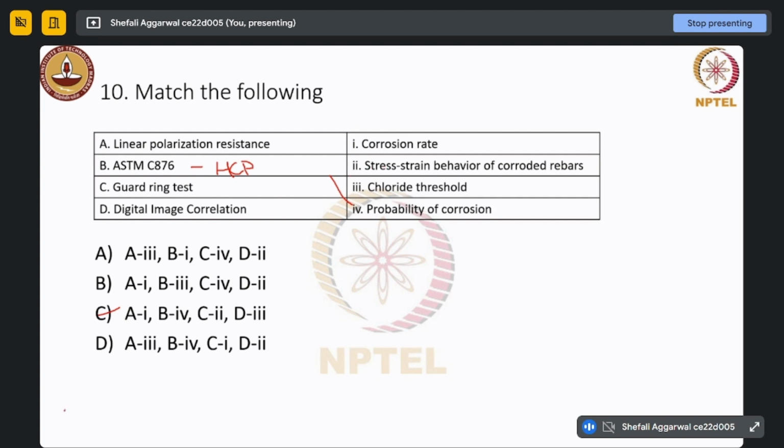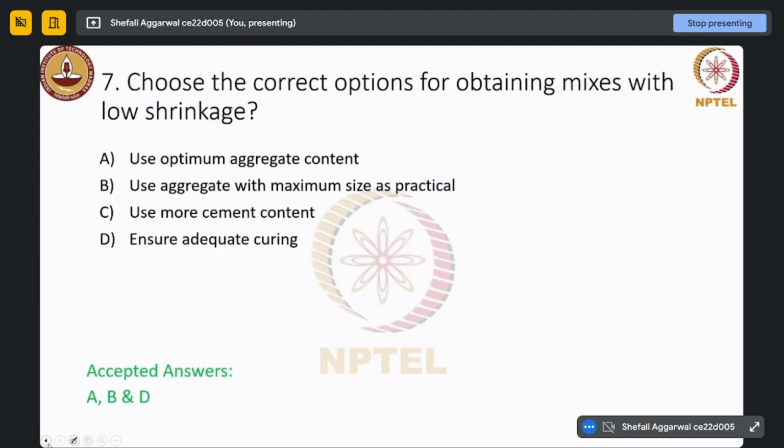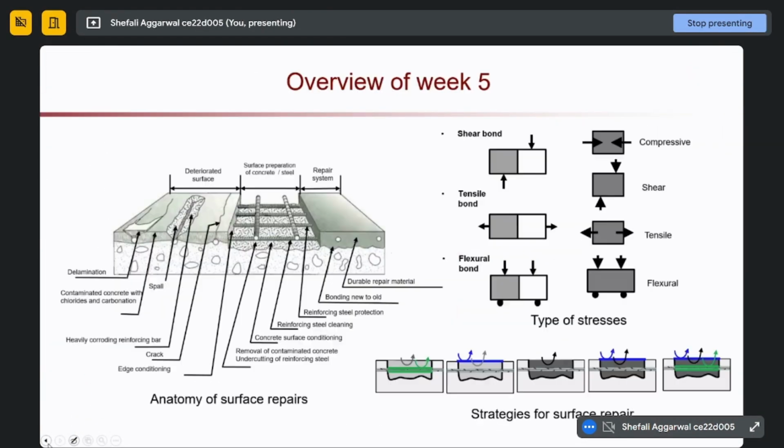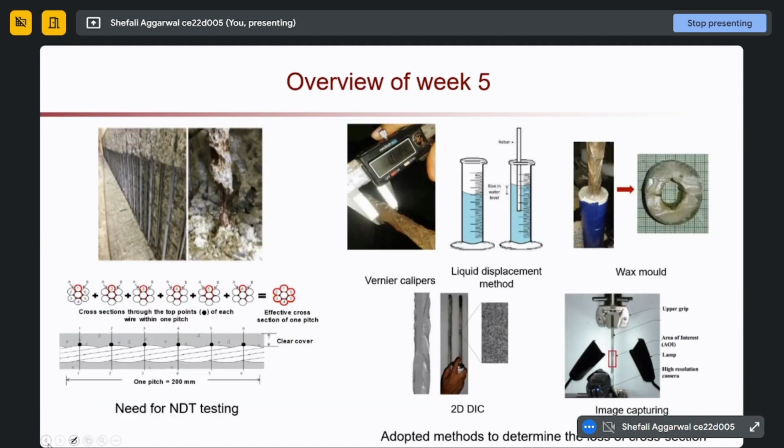Wait, I will go back to that slide. This is the digital image correlation test. In this, we are forming speckles on the reinforcing bar. It is a black and white kind of speckles, and then we check the stress strain behavior.